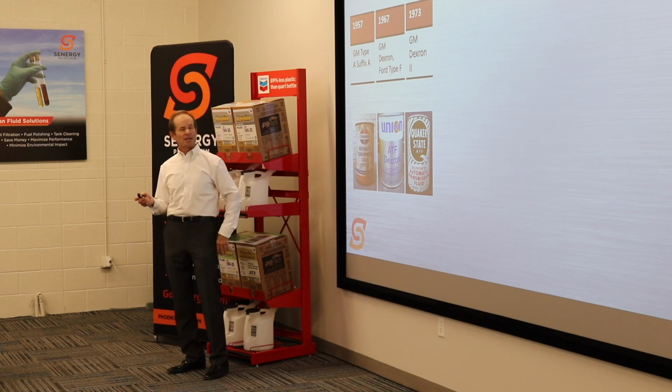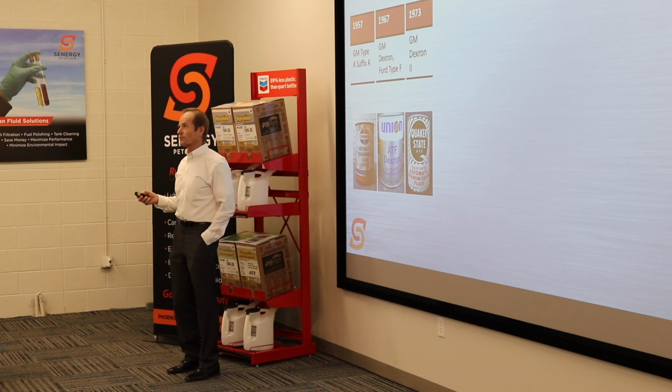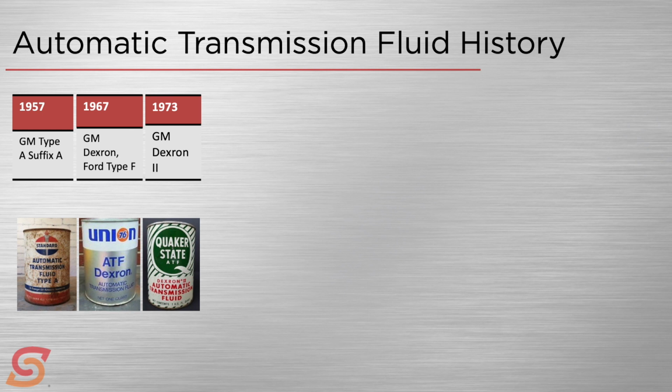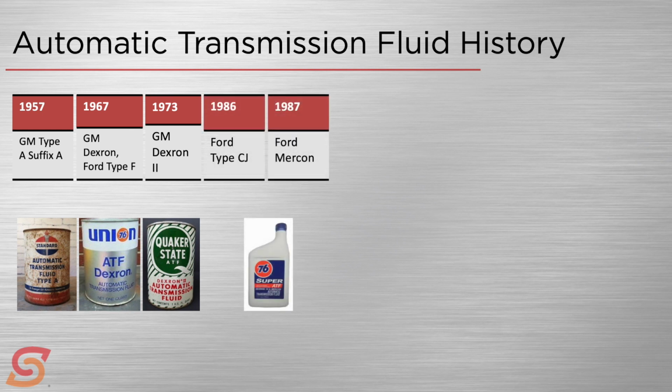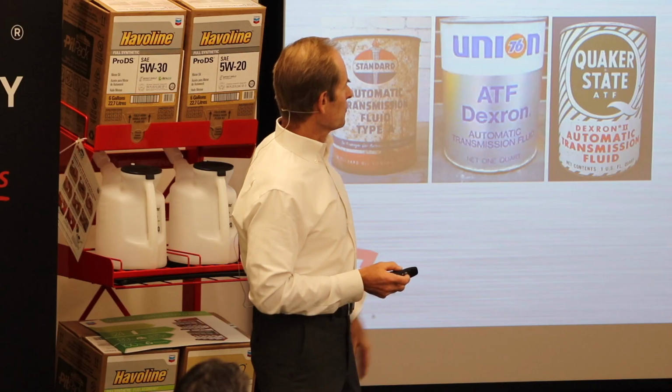Next improvement from GM was in '73 when they came out with Dexron 2. Then in the 80s, Ford came out with Type CJ, and then shortly after that introduced Mercon. CJ, I would call it a test product that came out for just a couple of transmissions, but then they went widely to the Ford Mercon.